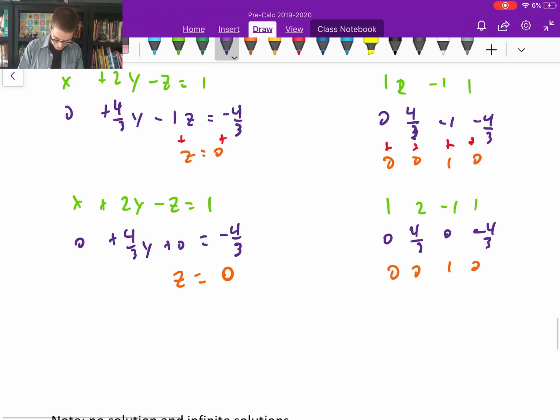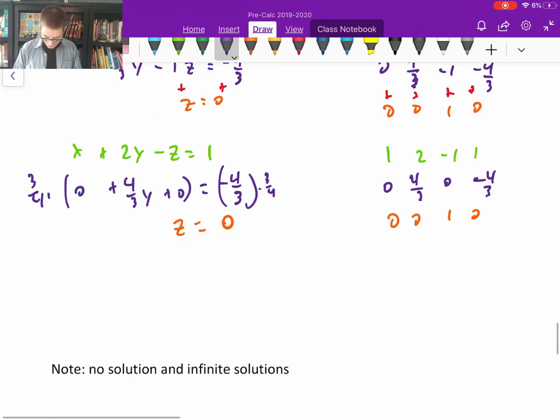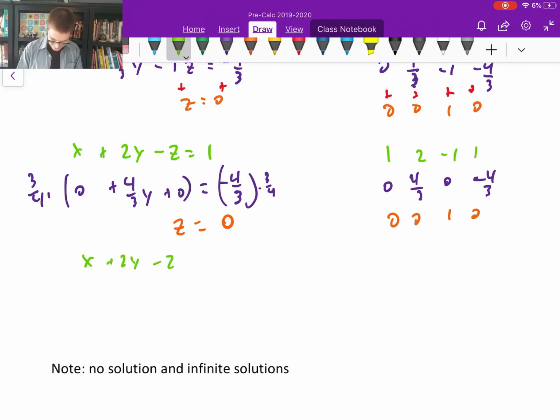So I'll multiply this side by 3/4, and this by 3/4, and that gives us x plus 2y minus z equals 1, and then we can get rid of those zeros. We can say just y equals negative 1, and then z equals 0. Okay, great.